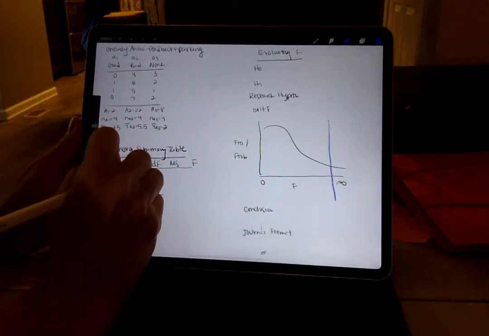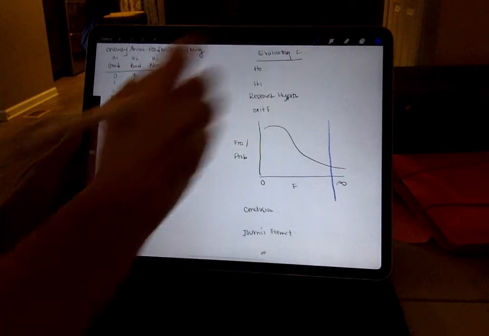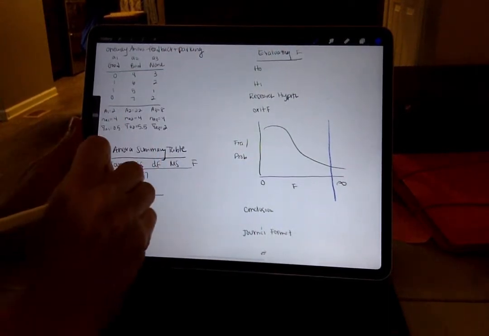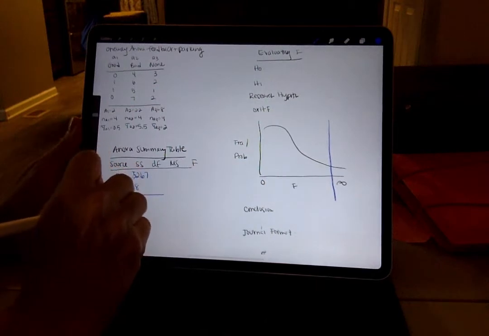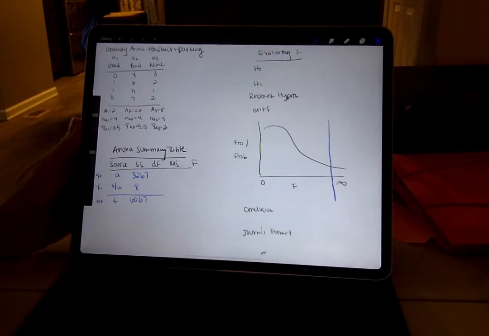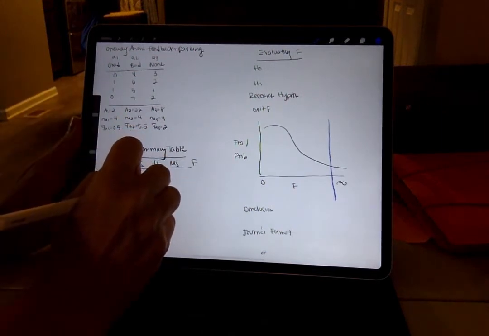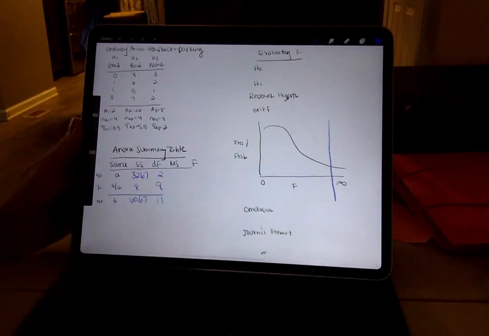So our sum of squares A was 52.67. Our sum of squares S over A was 8, and our sum of squares T was 60.67. Our degrees of freedom, A was 2, S over A was 9, and T was 11.